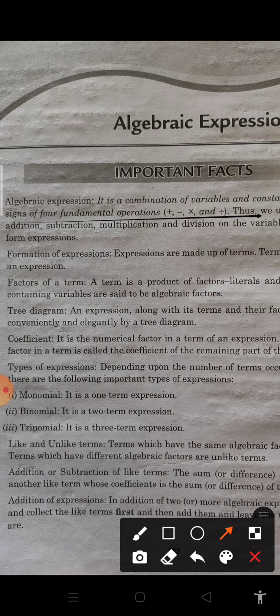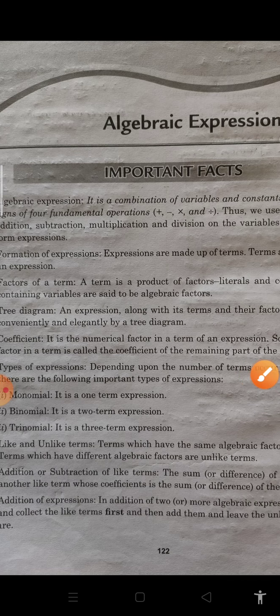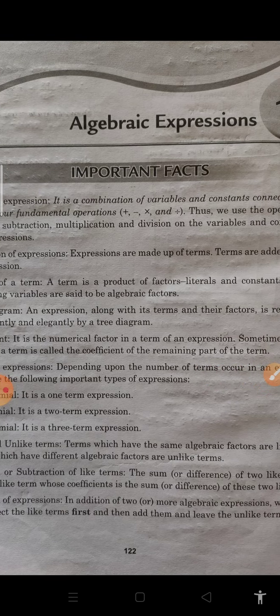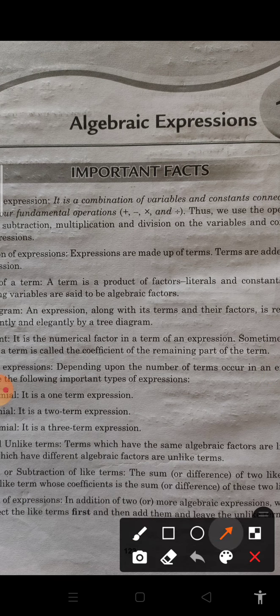So variables are A, B, C, D, the A to Z alphabet, and a constant is a numeric value, numbers, connected by the signs of the four fundamental operations: addition, subtraction, multiplication and division.